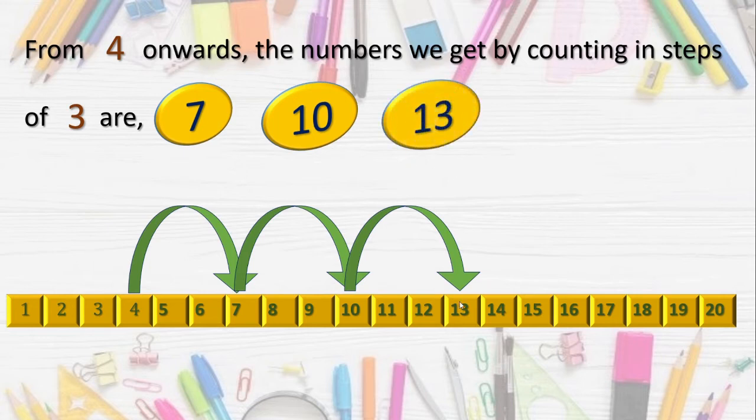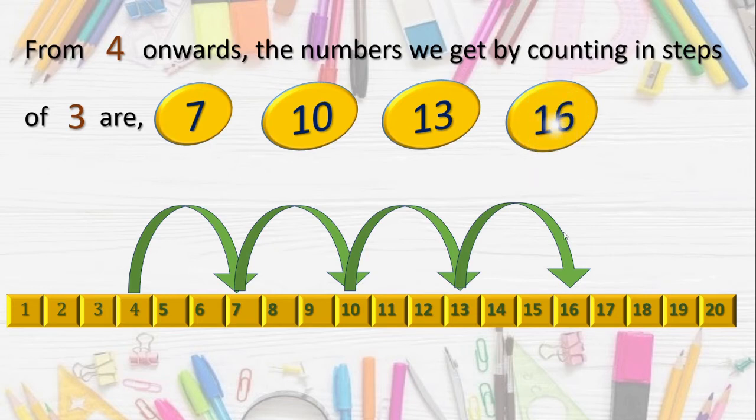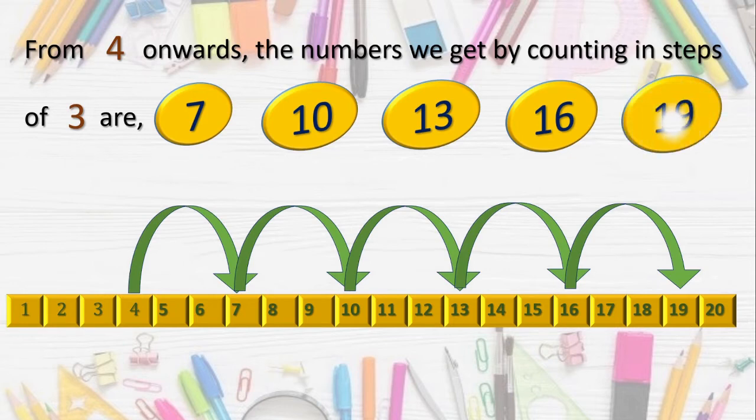From 13 in the steps of 3 means we get 16. Isn't it? I hope you understood about the steps. Now we'll write here 16. Now from 16, the next step will be 19 because we are counting in steps of 3. Right? We'll write here 19. Got this, children?